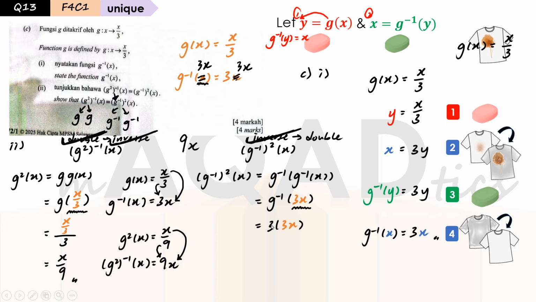Once we multiply 3 inside here, we also get 9x. So we have doubled the inverse of g already, and as you can see, these two results are the same. So we have shown this equation already. We can write a small conclusion here: hence the double g once we inverse is equal to the double of inverse g.